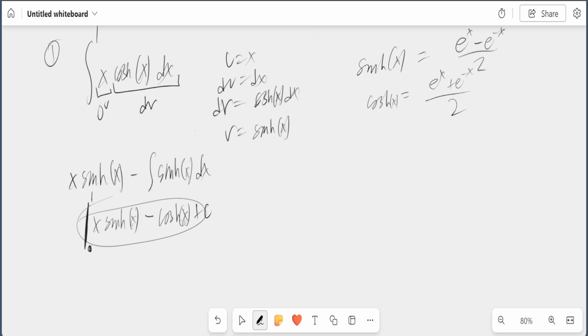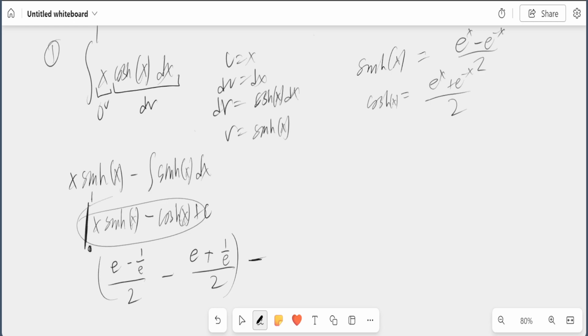We get 1 times sinh 1, which is e to the 1 minus e to the negative 1 over 2, minus cosh 1, which is e plus 1 over e over 2.